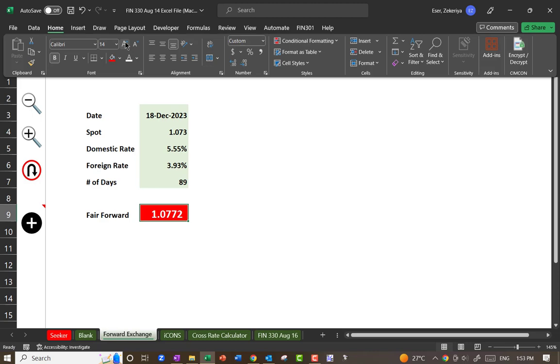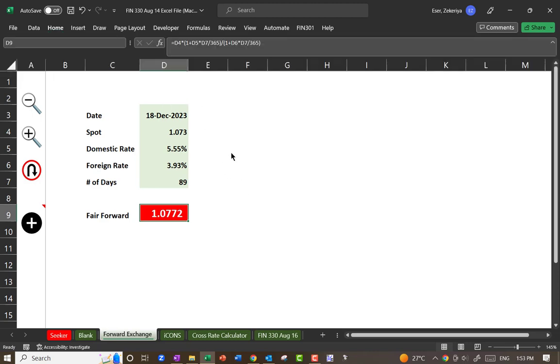Let me make it a bit bigger. The forward rate is actually a little bit higher. When the domestic rate is higher than the foreign rate, forward spot rate is going to be always higher.